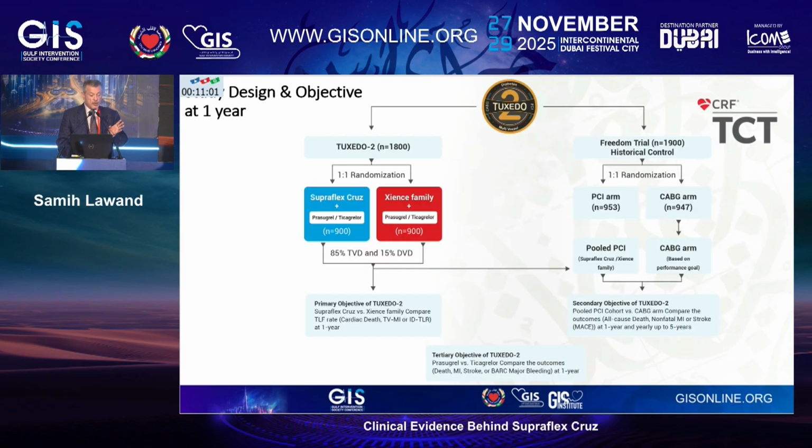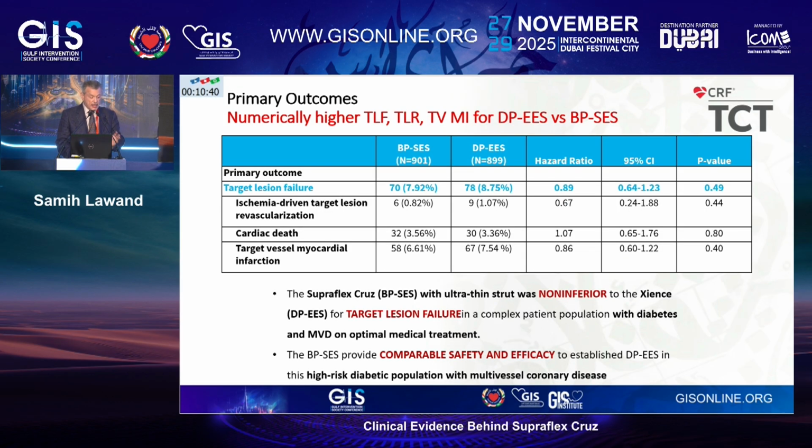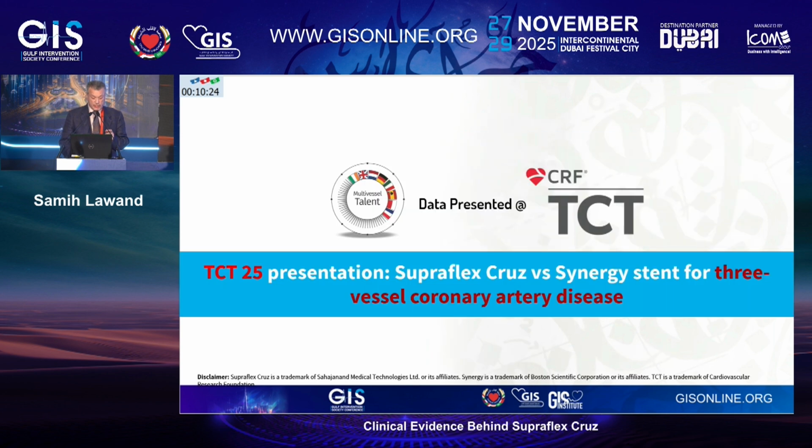In this, TUXEDO versus what we call historical control, TUXEDO-2, that randomized Supraflex versus Xience, looked at the primary objective outcome of target lesion failure as opposed to secondary outcomes of MACE, and the tertiary outcome of prasugrel versus ticagrelor distribution. Again, the endpoints of ischemia-driven target lesion, cardiac death, and target vessel myocardial infarction were also non-inferior using Supraflex compared to Xience for target lesion failure, with comparable safety and efficacy findings.